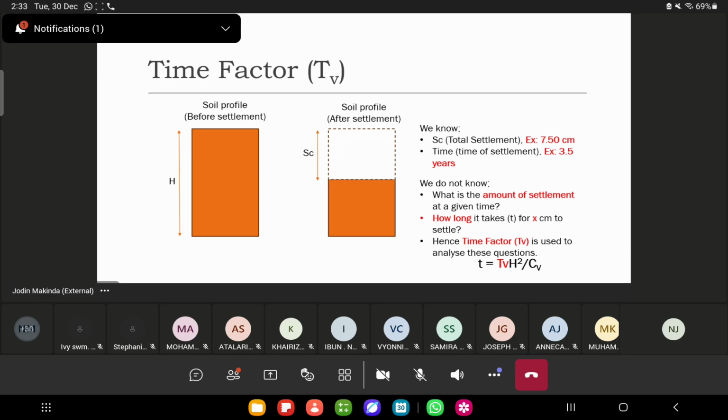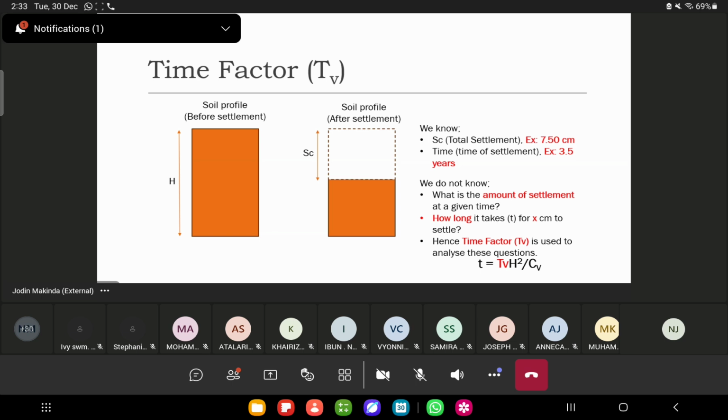Yeah. Therefore, to solve this issue of the things that we do not know, we introduce the time factor or TV.